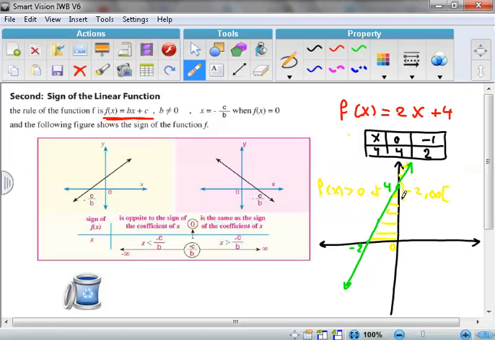When does f of x equal 0? f of x equals 0 at this point only, at x equals -2.